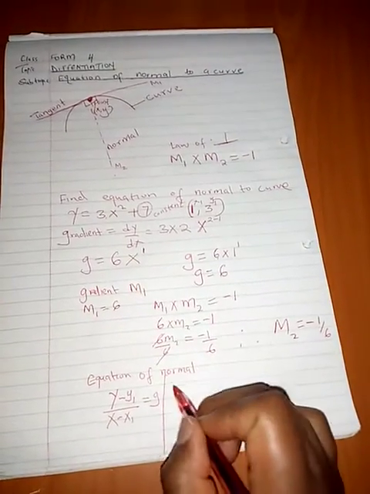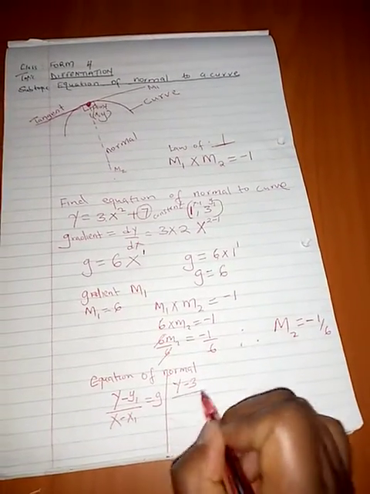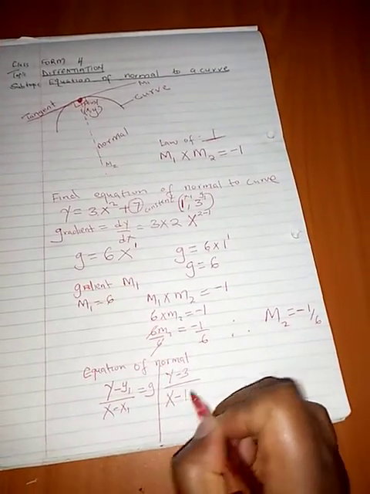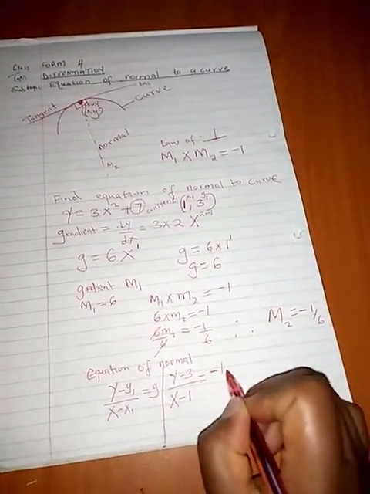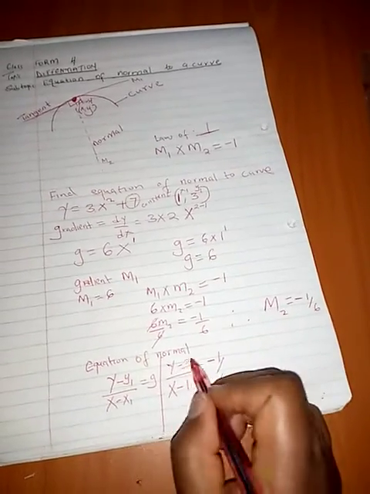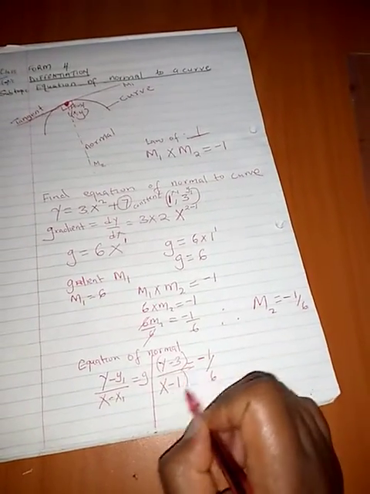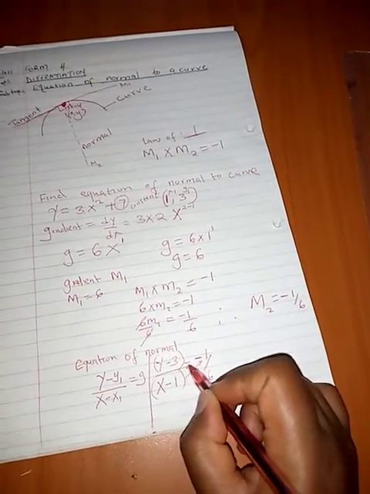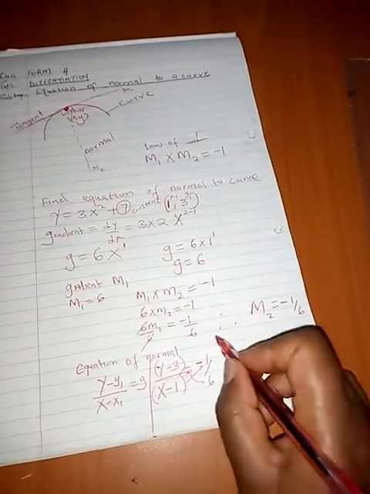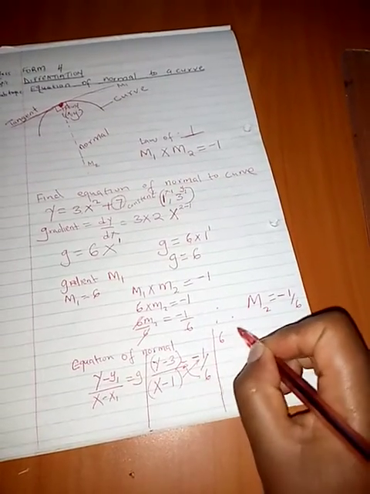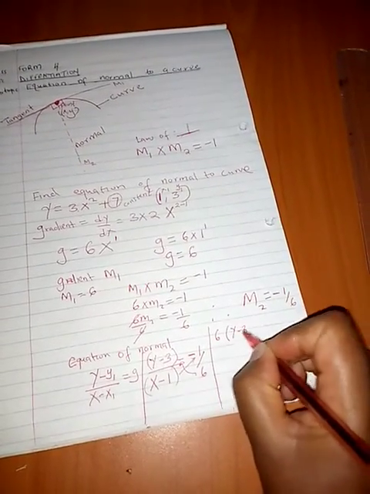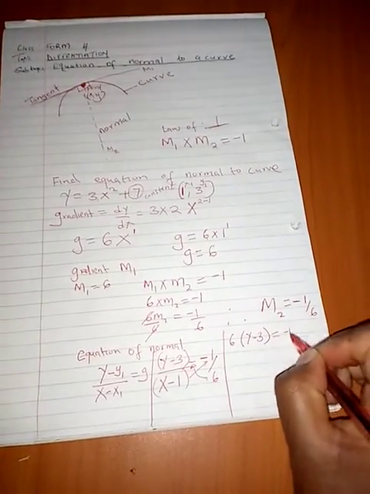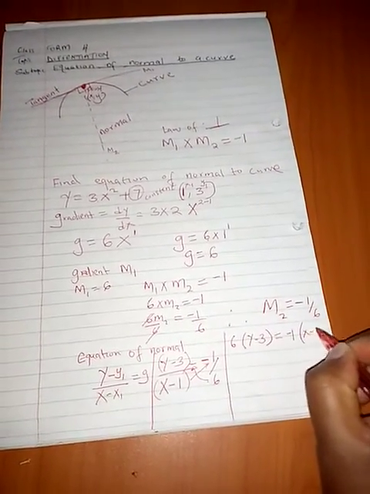Therefore, y minus 3 divided by x minus 1 is equal to -1 over 6. Then from there, we cross multiply. This multiplied by that, and this one by the above value. Therefore, it is 6 in bracket y minus 3 is equal to -1 in bracket x minus 1.